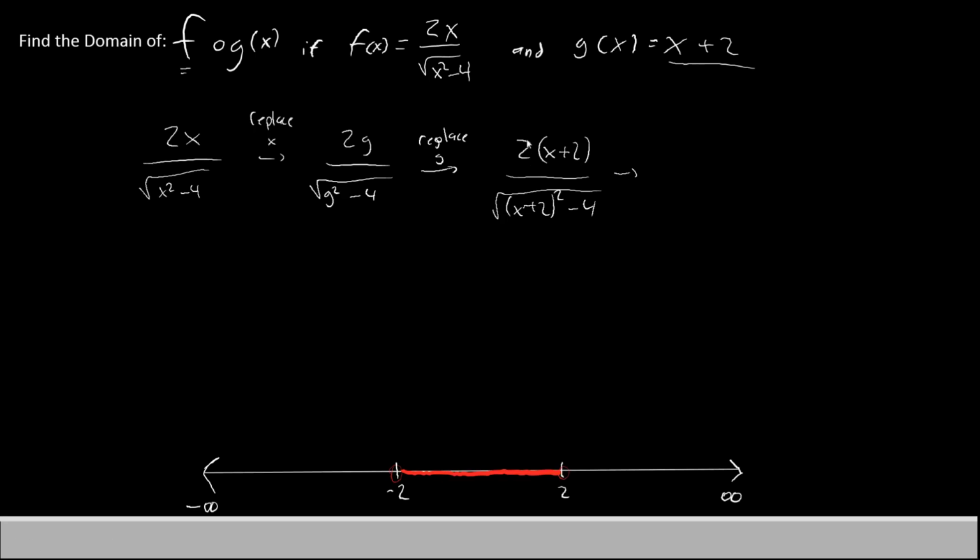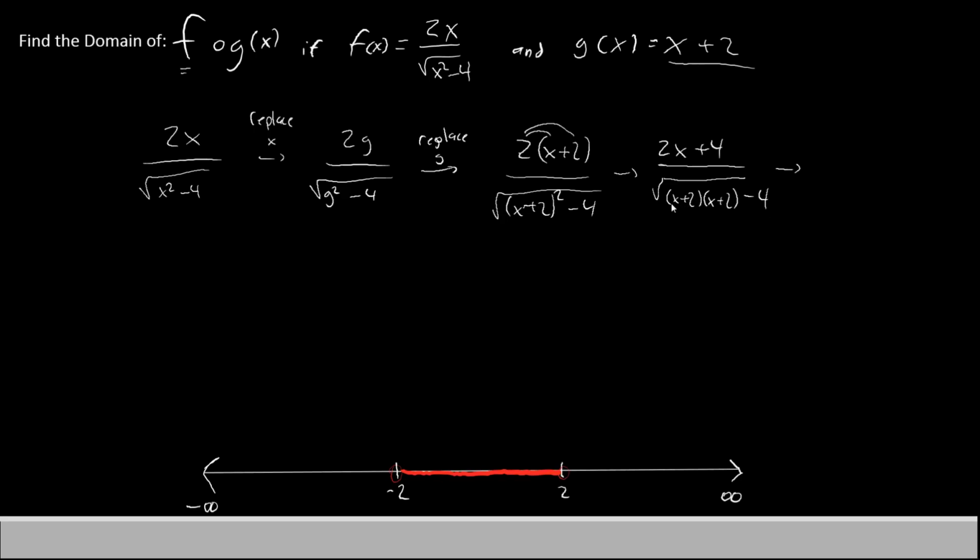On the top, we'll just FOIL this out. So we'll have 2 times x and 2 times 2, which becomes 2x plus 4. On the bottom, this could be a slight problem to FOIL out, since we have a polynomial squared, we have to write it twice. We'll write our square root, x plus 2 times x plus 2, and then minus 4 on the outside.